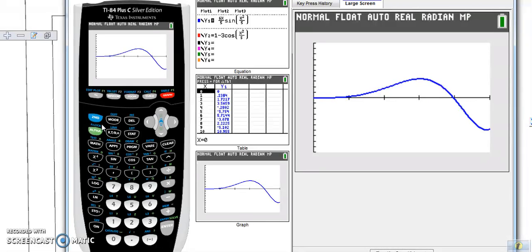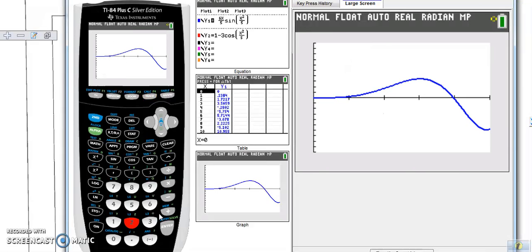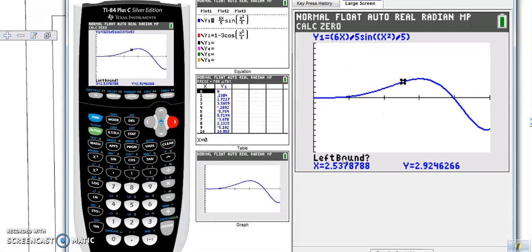Let me show you how to find the intercept without having to graph y equals 0. You hit second, trace, and you hit number 2, that's the zeros, the same as the intercept. It's asking you for a left bound, so I know that my intercept's going to be somewhere here. A left bound is somewhere to the left of the intercept.